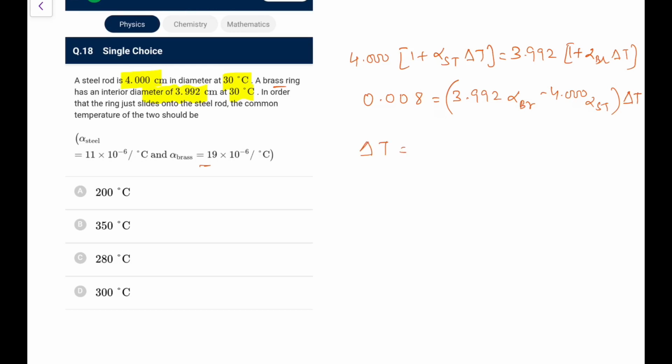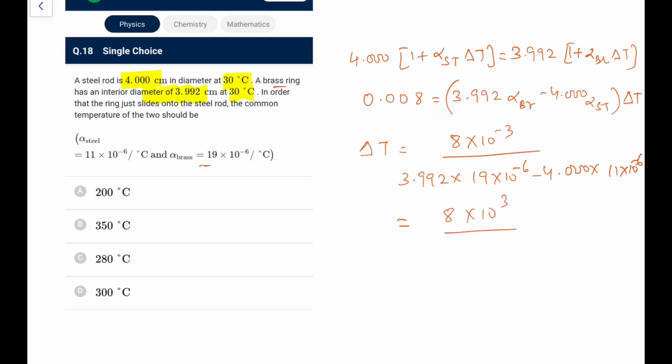So delta T would be, I can write it as 8 into 10 to the power minus 3, divided by 3.992 into alpha of brass, which is 19 into 10 to the power minus 6, minus 4.000 into alpha of steel, which is 11 into 10 to the power minus 6. So take this 10 to the power 6 above, it is 8 into 10 to the power 3.